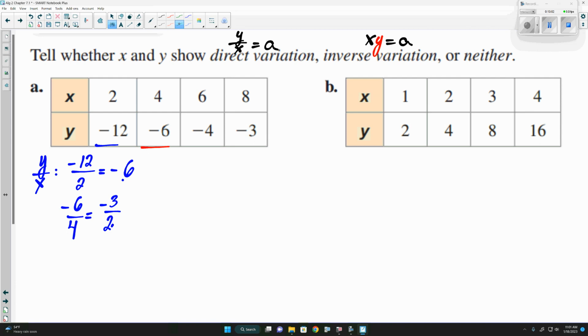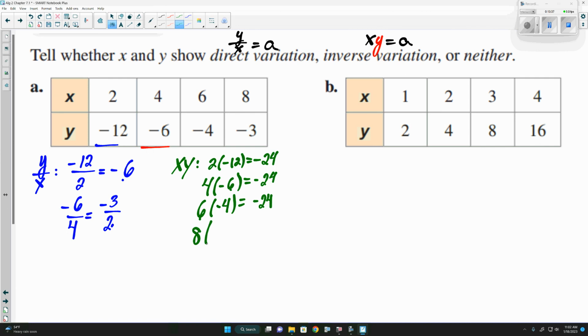So we can move on to the next one, inverse variation, which says that x times y is equal to a, where we should have the same a amount. So we can start off with 2 times negative 12. Then move on to the next one, 4 times negative 6. Then 6 times negative 4 is negative 24.